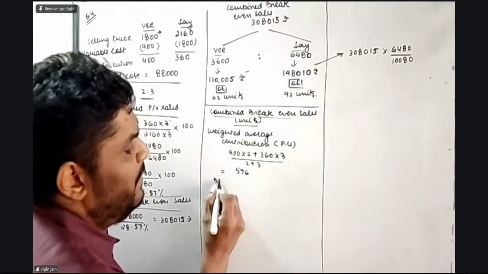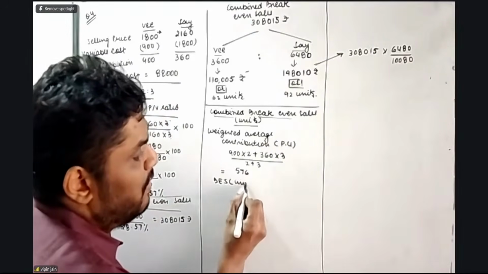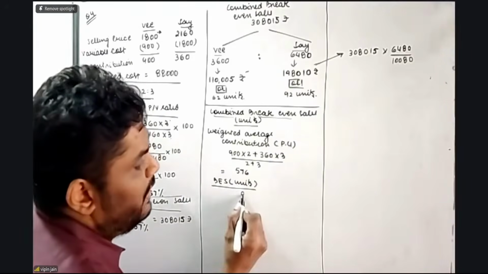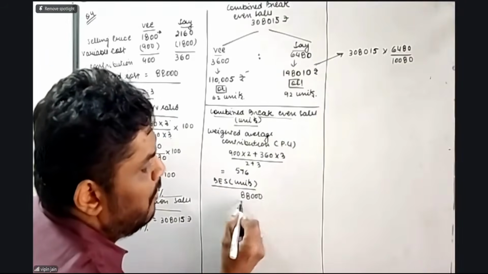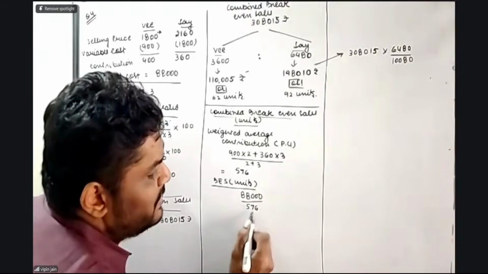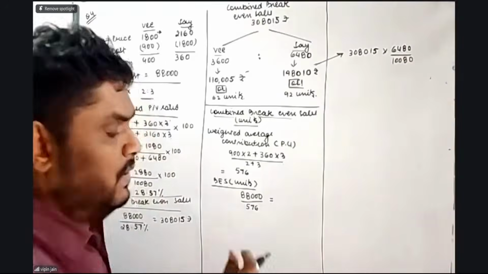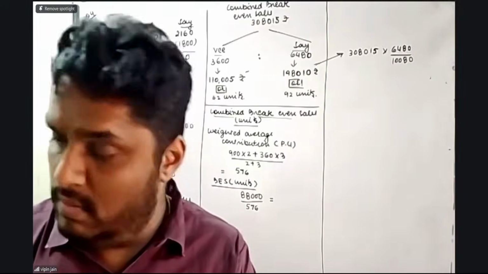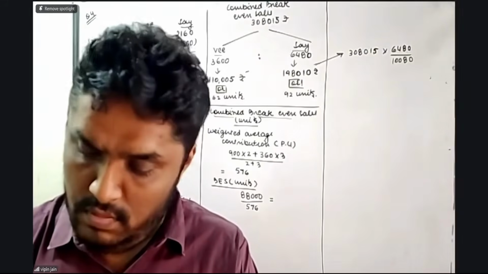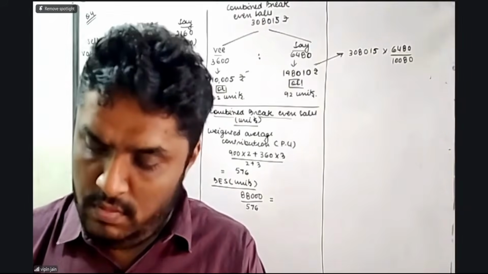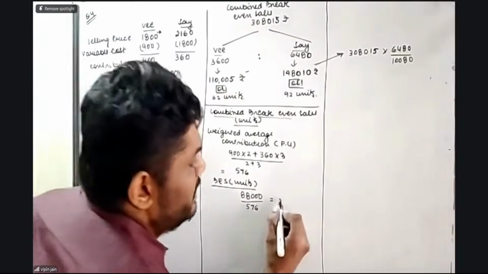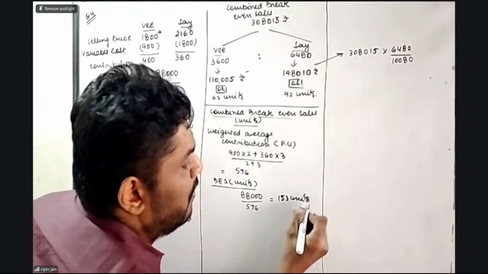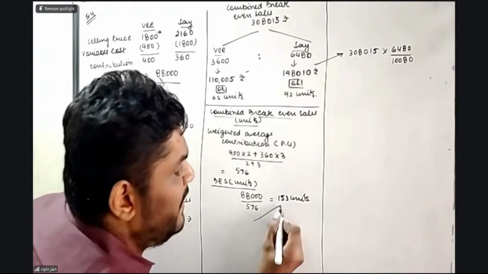So now what will be the break-even sales in units? 88,000 divided by 576, sorry, contribution. So this will be 153 units. So these are the combined break-even sales.